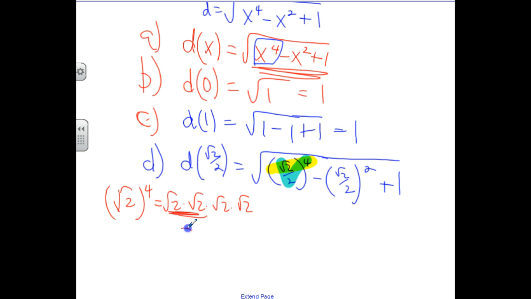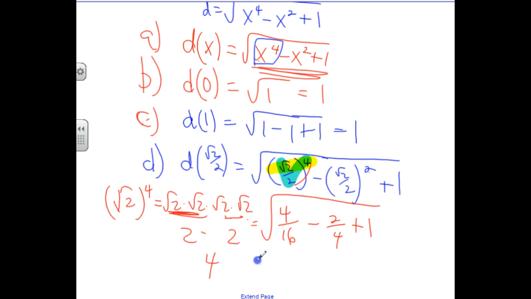So this is 2, this is 2 more. Hey, that's not bad. That's a 4 in the numerator divided by 2 to the fourth, which is 16. I can reduce that in a moment, but no need. I'll just take my calculator and crunch it. Minus the square root of 2 squared is a 2 over 4, plus 1.